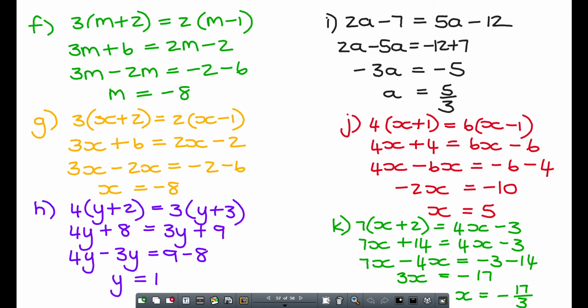I wrote x minus 1 in the brackets. At J. So you had 4 bracket x plus 1, x minus 1. Was this a minus 1? Oh, well. Okay, so let me just change that one then. Sorry, if this is a minus, then that will also become a minus.